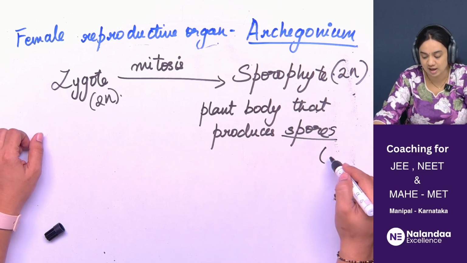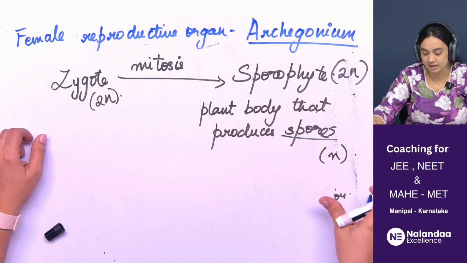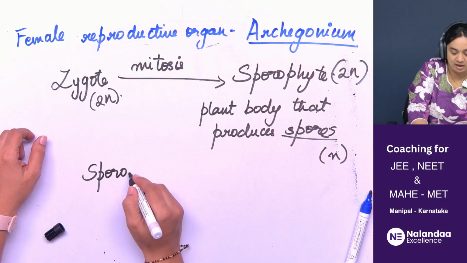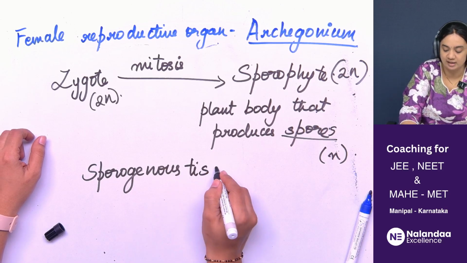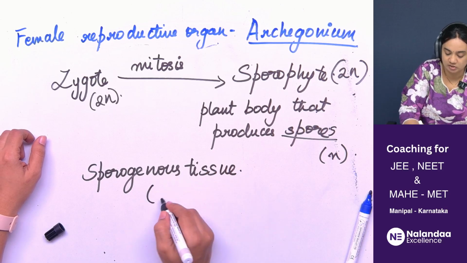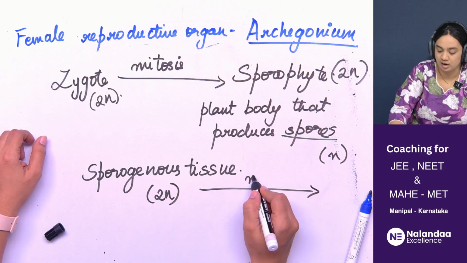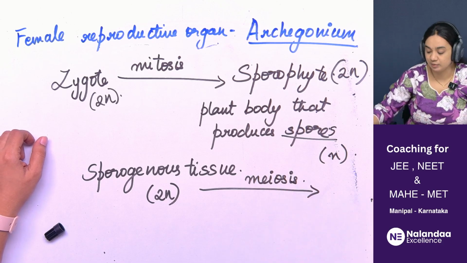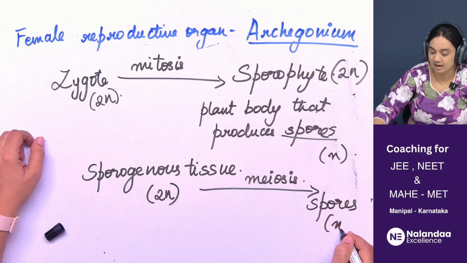But these spores are haploid. Spores are haploid. So how are they getting produced? The sporophyte will have sporogenous tissue. Within the sporophyte, there is something called sporogenous tissue which is diploid. Now, the sporogenous tissue will undergo meiosis and it will produce many spores that are haploid.